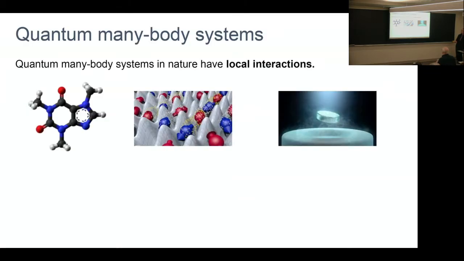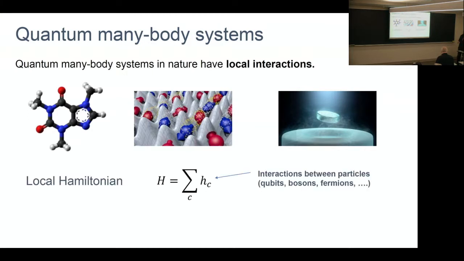So I'm going to start by just saying some very general, possibly boring things. Quantum many-body systems that appear in nature have local interactions, like molecules or superconductors or materials. And those interactions are described in physics by a local Hamiltonian, which is a Hermitian operator that describes the interactions.